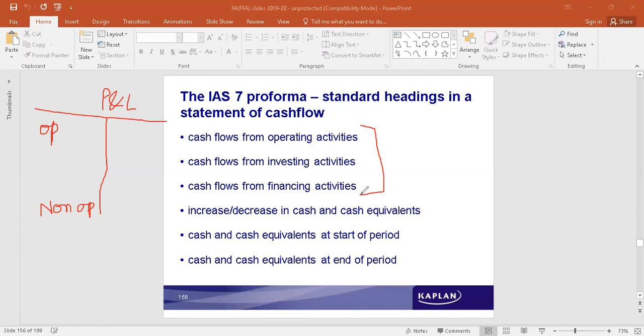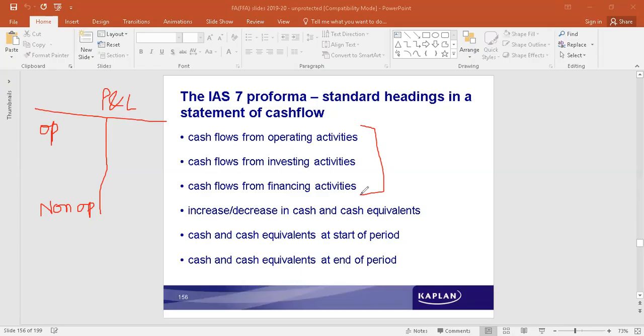So, ma'am, something can be a non-operating activity, but it can come under operating, investing, or financing activities. See, it is part of the business only, but category-wise, it is not under operating activities. It is not that it doesn't relate to the business. It relates to the business.